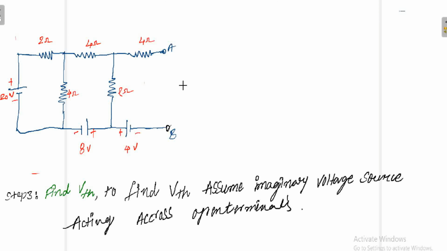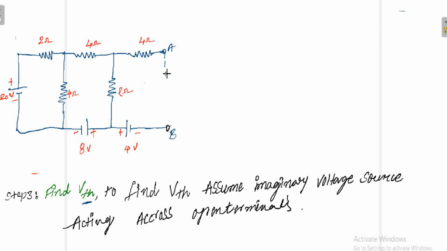So what is step 3? Here we have to find VTH, which is nothing but Thevenin's voltage. To find this VTH, assume an imaginary voltage source acting across these open terminals.